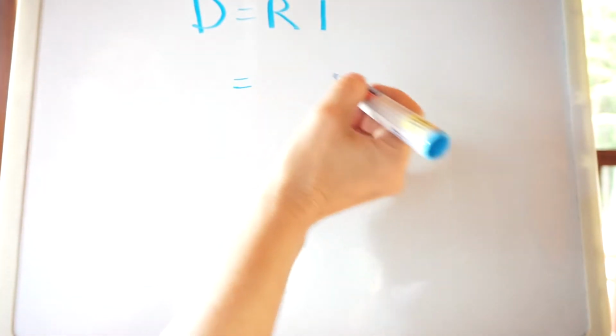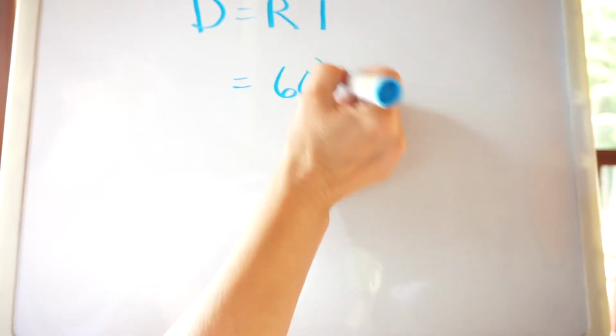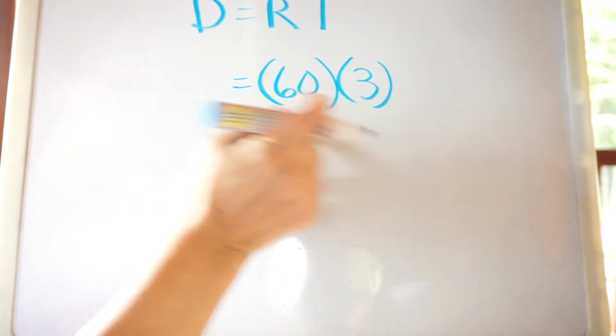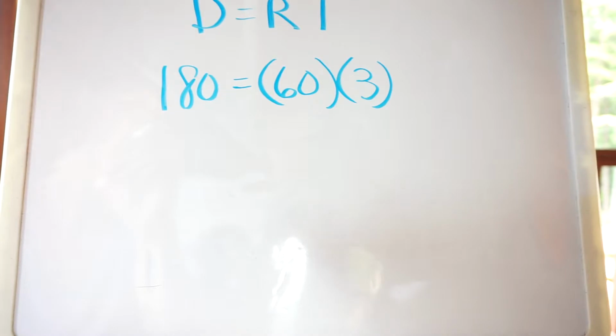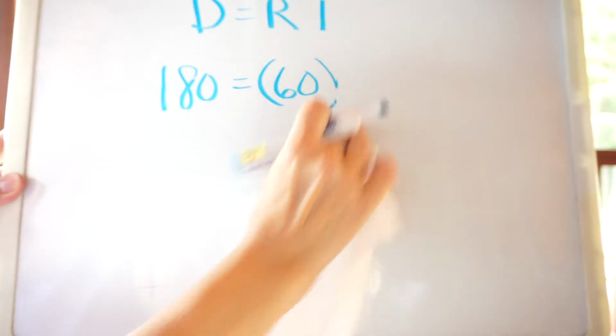So something like if you were traveling at 60 miles per hour and you traveled for 3 hours, you would have then traveled a distance of 180 miles. Or if you're given, well, we could solve for any one of these.